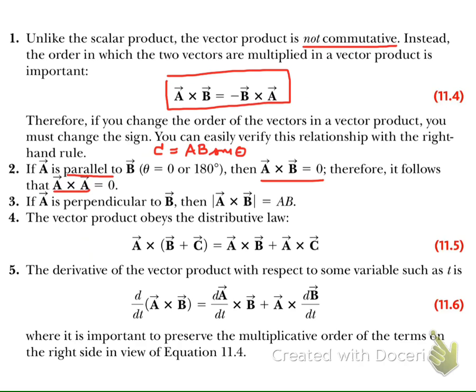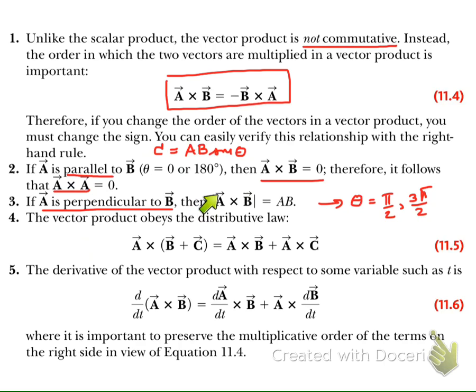Now, if A is perpendicular to B, in this case it means that theta is equal to half of pi, or pi over 2. In both cases, we will have sine theta is equal to, if theta is pi over 2, we have sine theta equal to 1, and if theta is equal to 3 pi over 2, we have sine theta equal to minus 1.